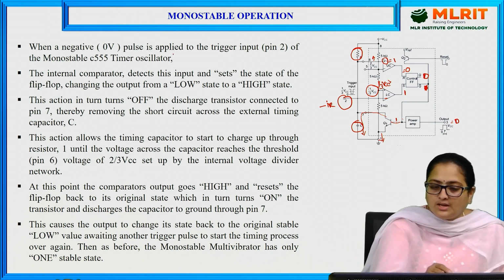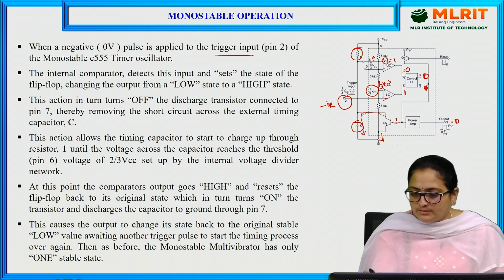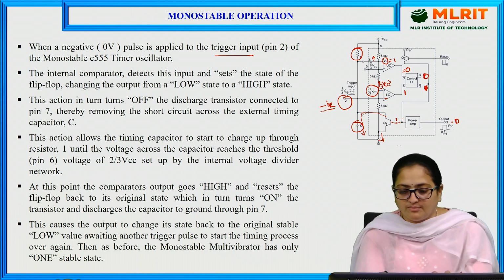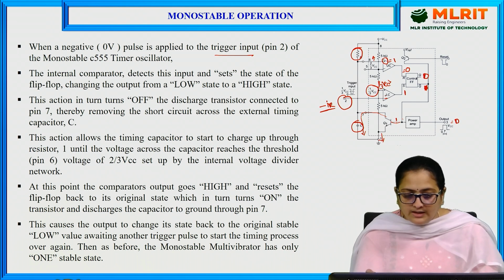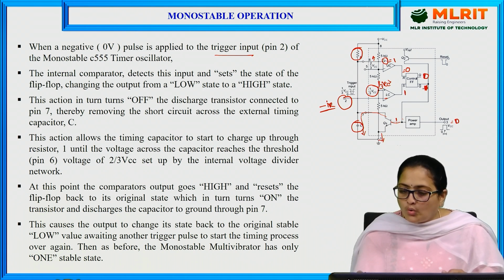When a negative pulse is applied to the trigger input, the timing trigger input of the monostable 555 timer, the internal comparator detects this input and sets the state of the flip-flop from low to high.